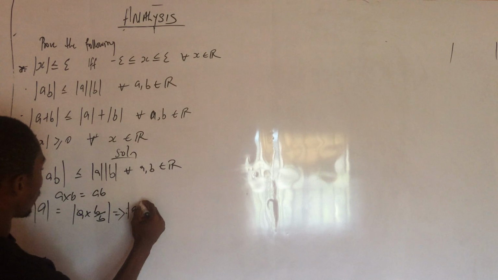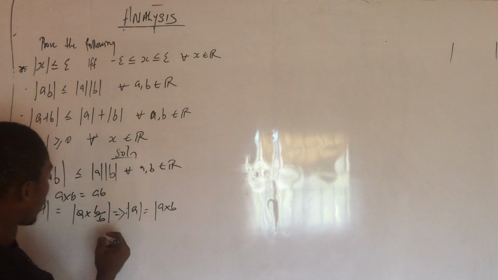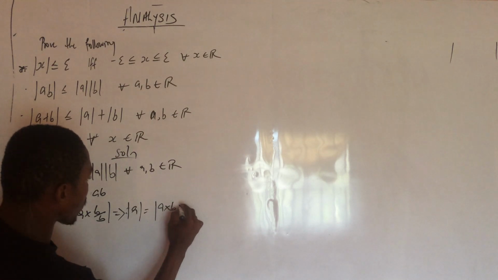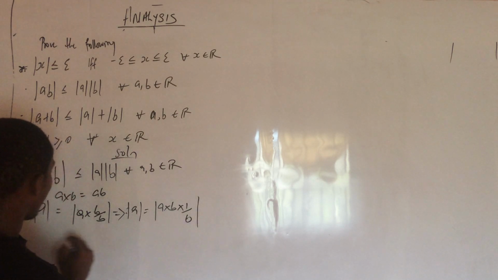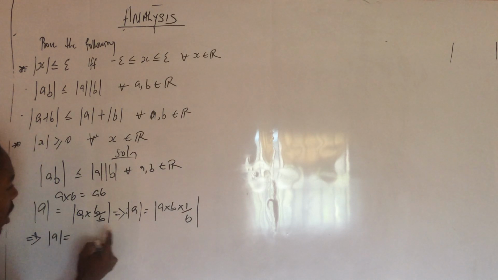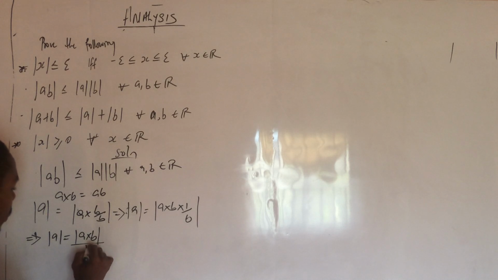Okay, this implies the absolute value of a is equal to the absolute value of a multiplied by b multiplied by 1 over b. Now, this implies that the absolute value of a is equal to the absolute value of a multiplied by b, all over the absolute value of b.